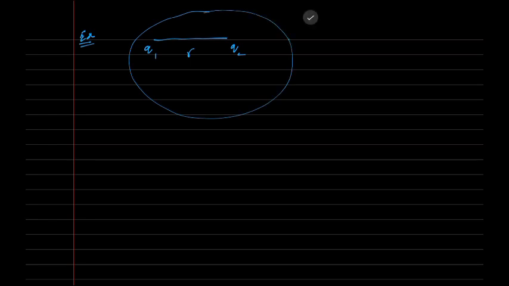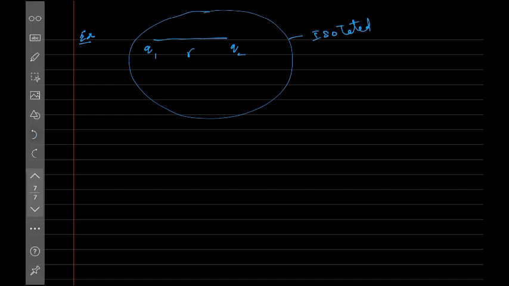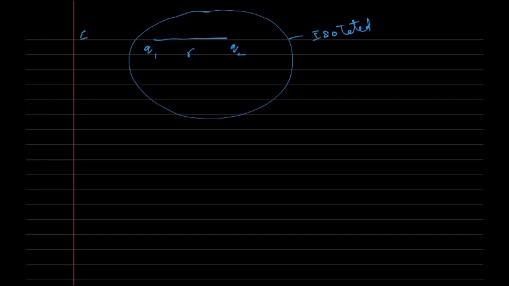What is isolated? Isolated means no external force is acting on the system. If this is isolated, the net external force acting on the system is 0.